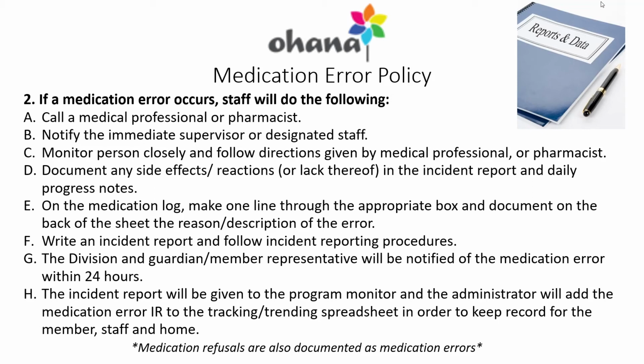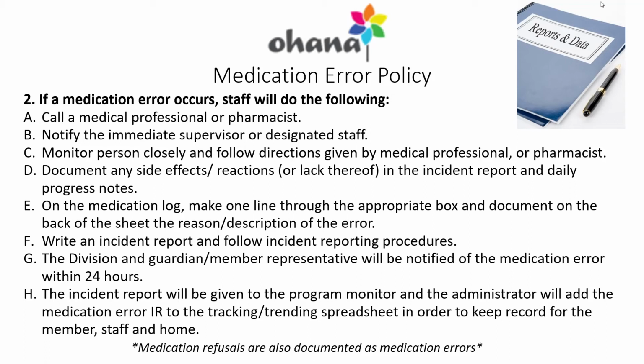G, and this is where your manager will take it from, the division and guardian of the member must be notified of the medication error within 24 hours. The division is DDD or the state, and the guardian is sometimes a public fiduciary, sometimes it's the member themselves, but whoever is the responsible person for that member needs to be notified of the medication error.